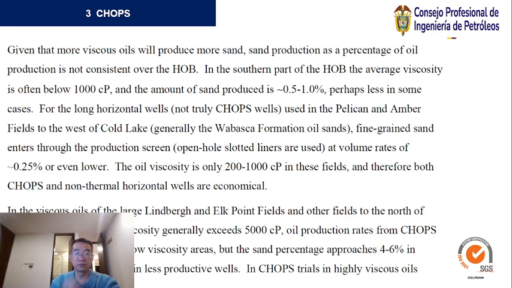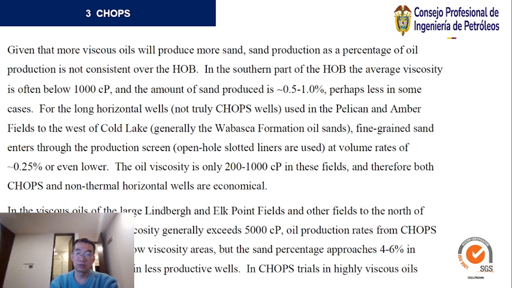where the viscosity generally exceeds 5000 cp, oil production rates from CHOPS are lower than in the low viscosity areas, but the sand percentage approaches 4 to 6% in productive wells and 2 to 4% in less productive wells.